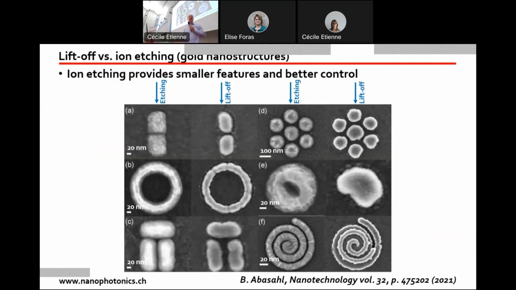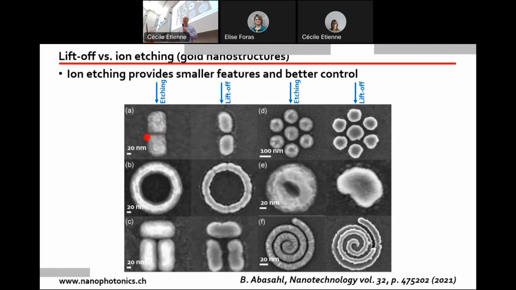If you compare structures, you have here always 2 columns. The left one is done with etching, and the second one is done with lift-off. And you see that with etching, like here, we've made 2 gold nanostructures with a very tiny gap. We call that a dipole antenna, an optical dipole antenna. You can make a gap which is probably 10 nanometers and very straight.